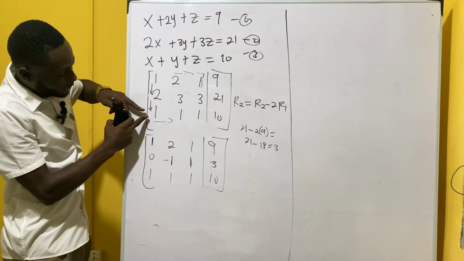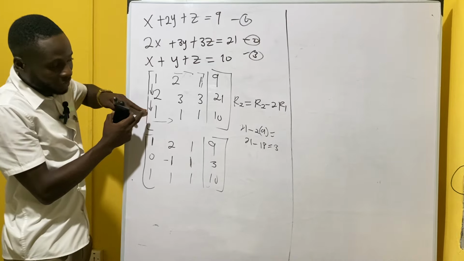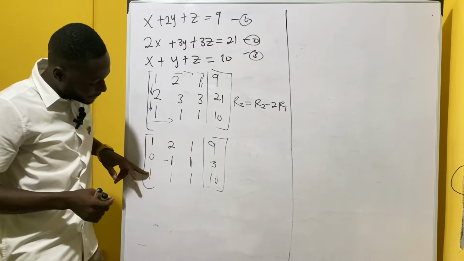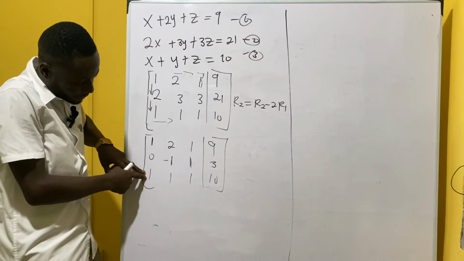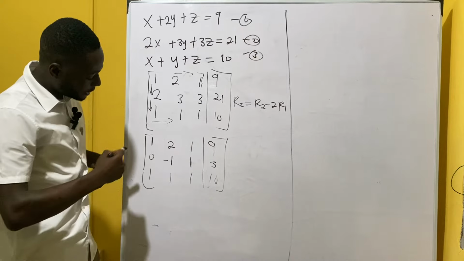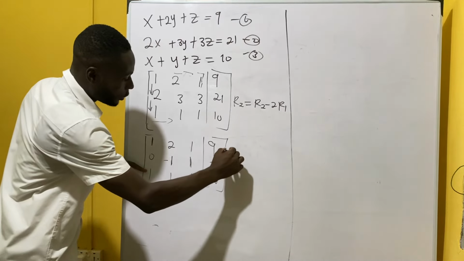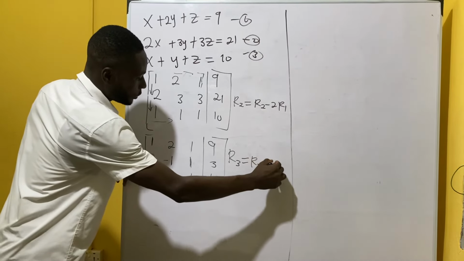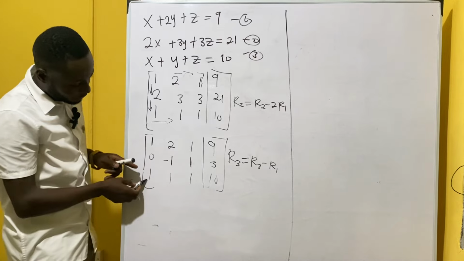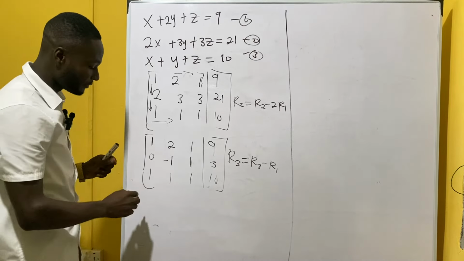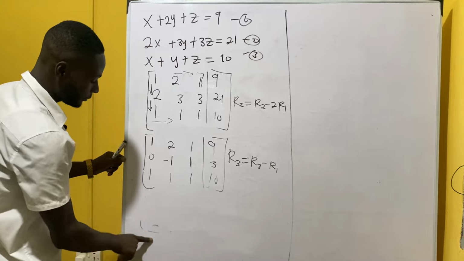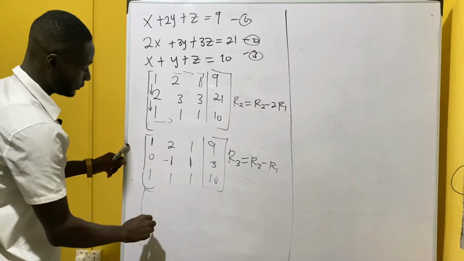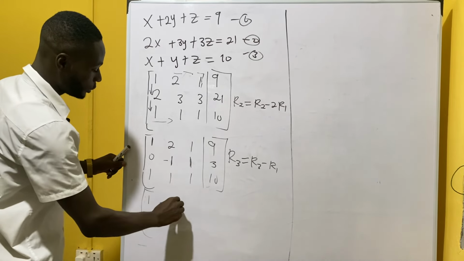We move down to the first element on the third row. We are interested in eliminating this particular one right here. So we say that row 3 should be equal to row 3 minus row 1. When you subtract this from this, you are going to get 0 right here. So we maintain row 1: 1, 2, 1.